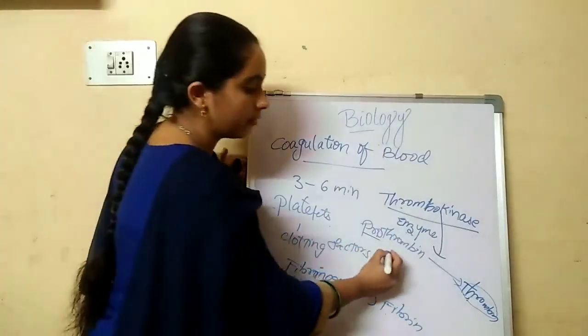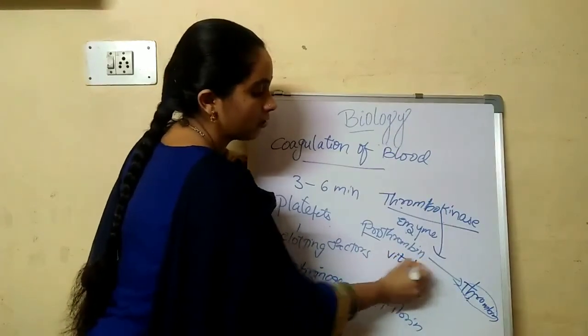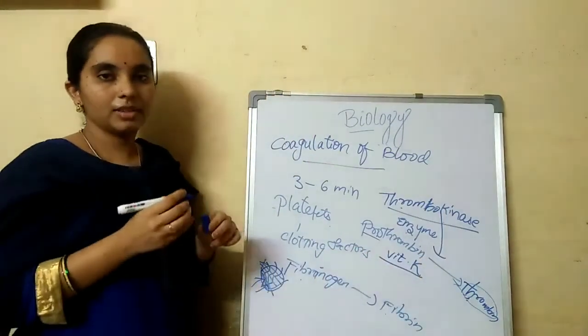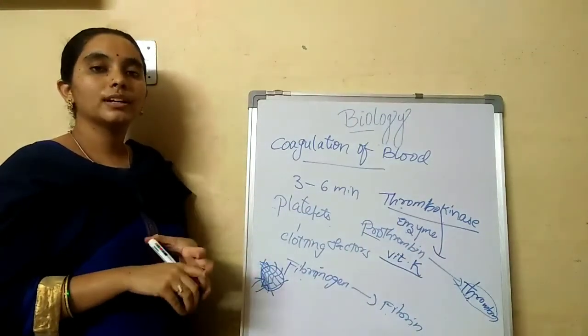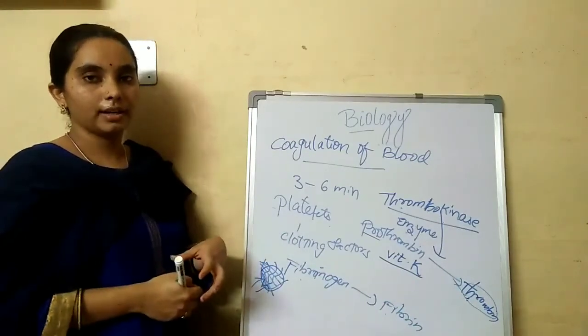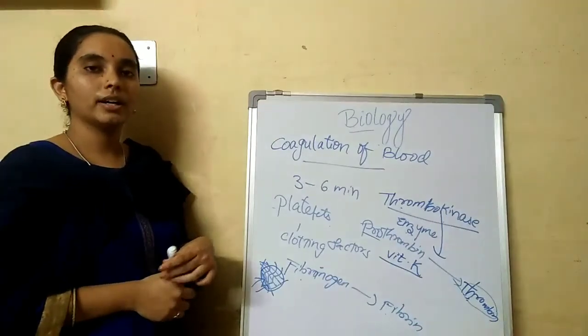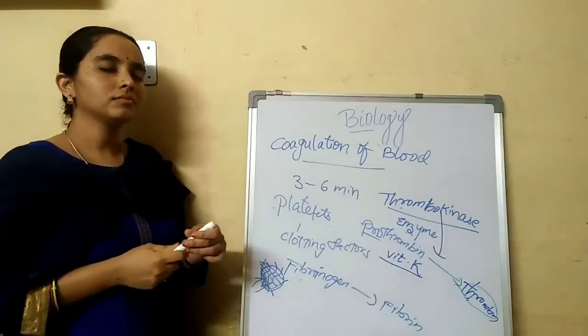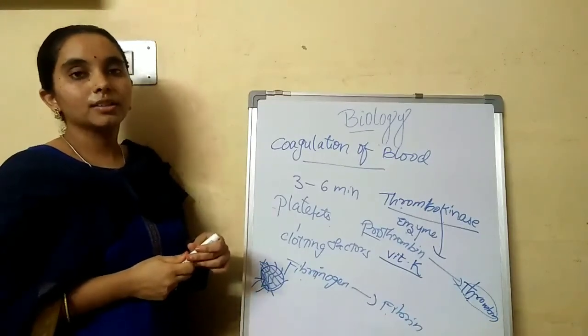The important vitamin that is essential for clotting of blood is vitamin K. If there is a deficiency in vitamin K, the blood takes more time to get clotted or coagulated. Also, clotting of blood will not occur properly in some diseased persons, like in thalassemia, if you have heard of it.